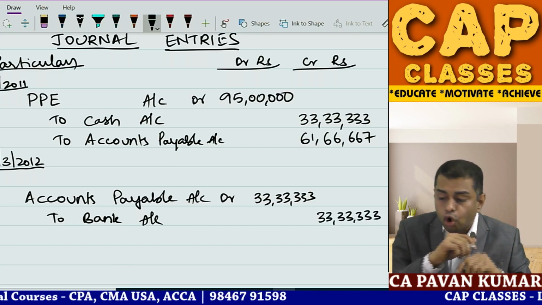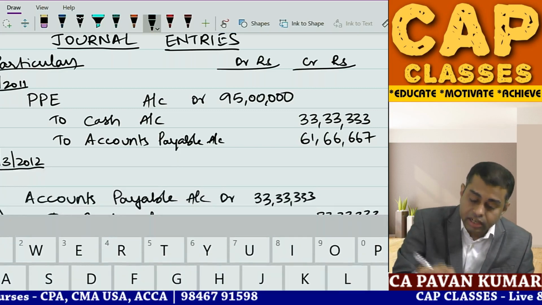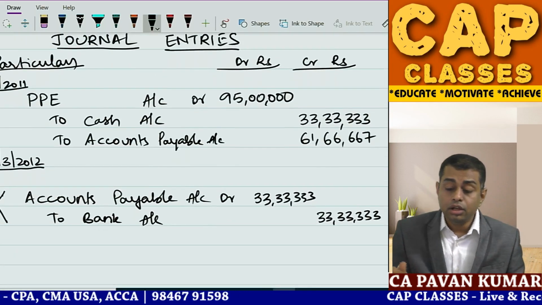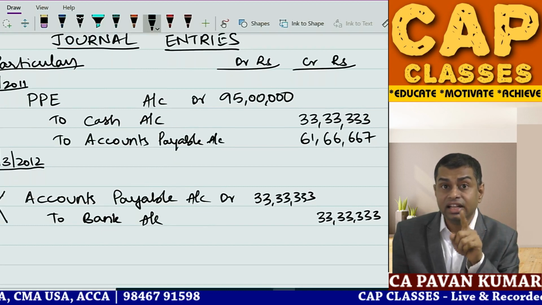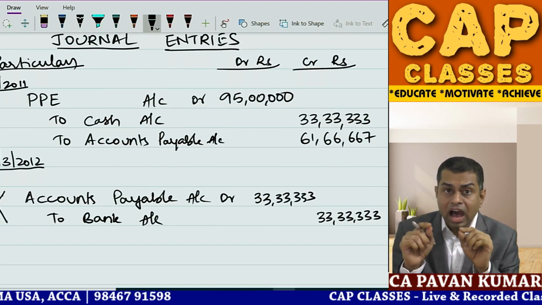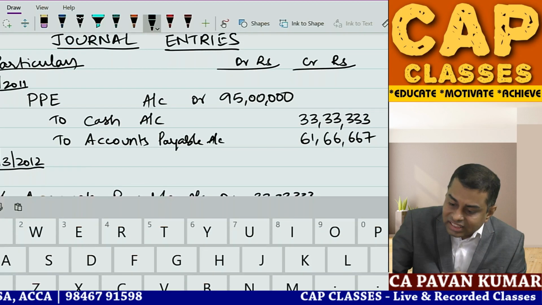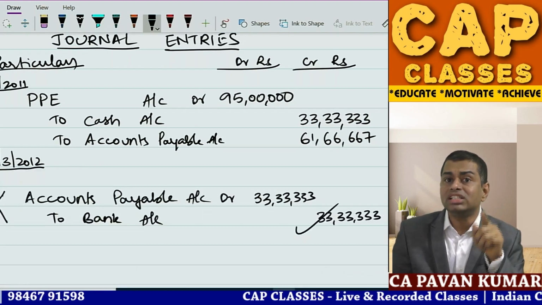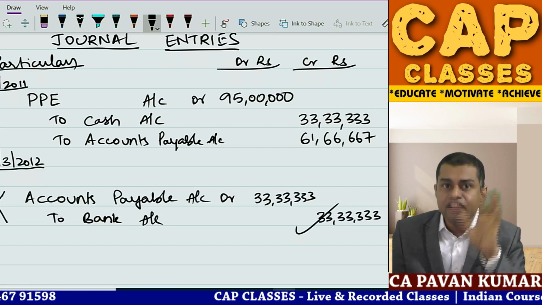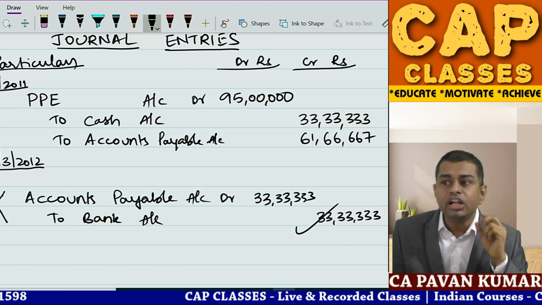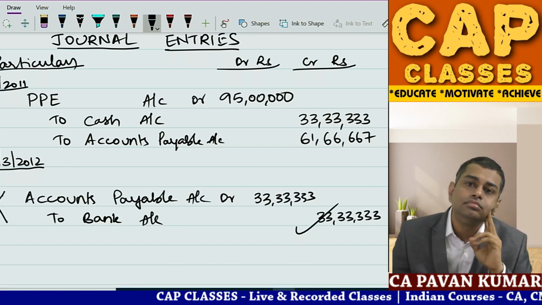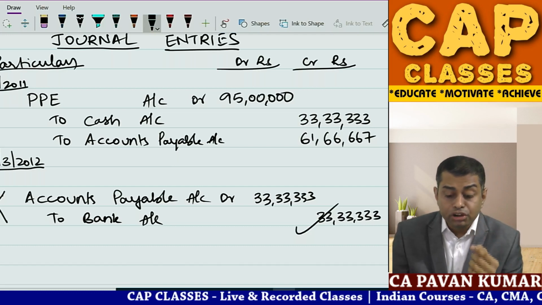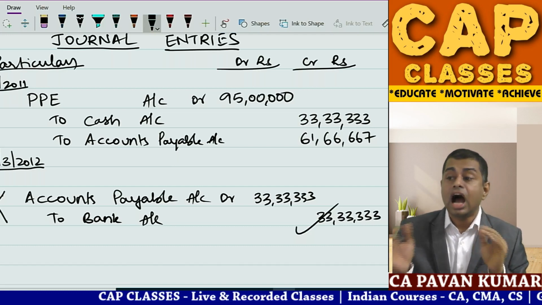The answer is no. This is the wrong journal entry. Why? 33,33,333 you are paying, so this part is correct. But the whole is not towards accounts payable for supply of the machine. Some finance component is also there, so you need to recognize that finance component also. How will we do that?